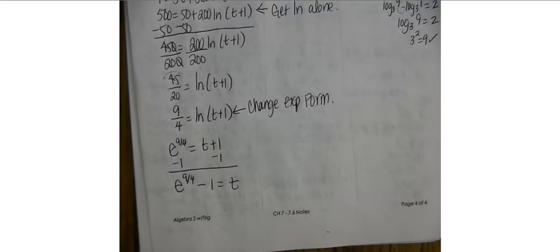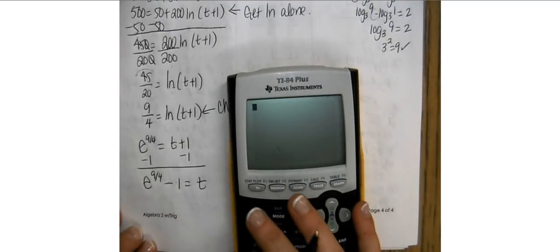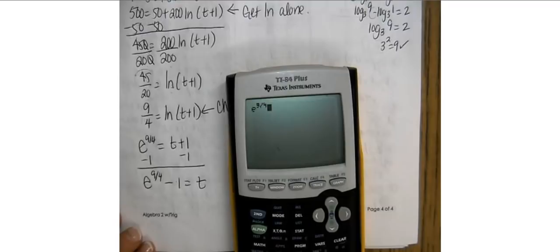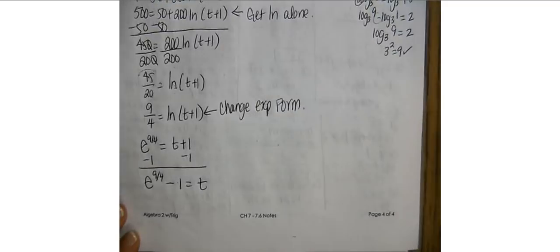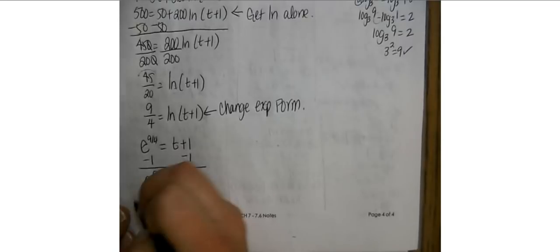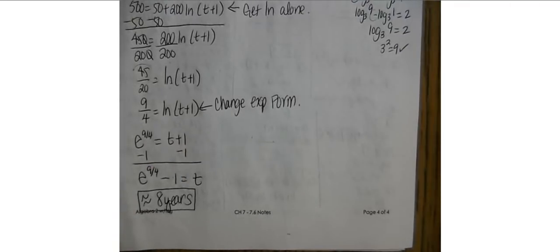Now, we want to round our years to the nearest whole year, and that is 8.48. So 8.48 is approximately 8 years. That means in approximately 8 years, the deer population will reach 500.